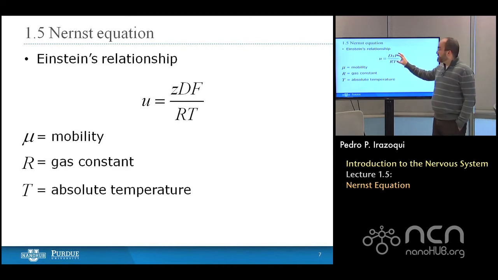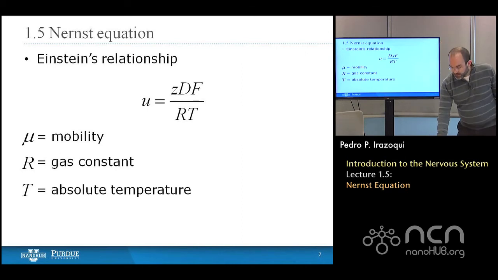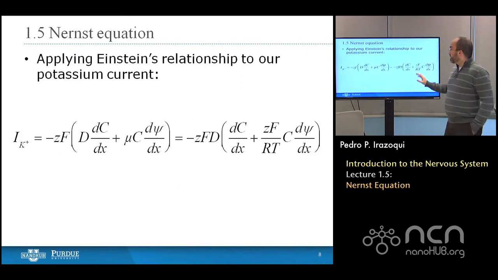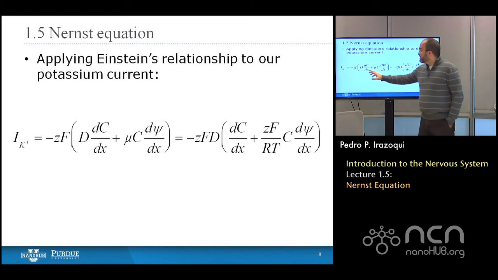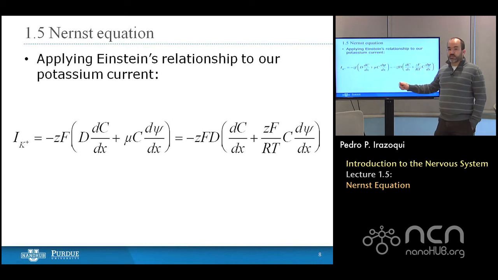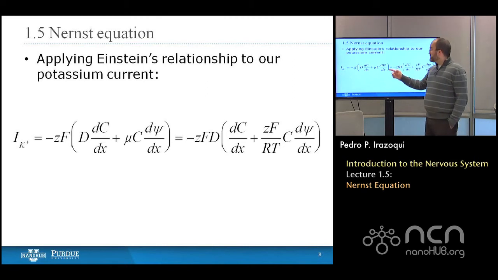And if we have Einstein's relationship, we can plug this in for the value of the mobility mu, and our current equation changes. So what we had before was minus ZF times the sum of D times the derivative of concentration with respect to x, and mu C times the derivative of psi, the local potential, with respect to x.